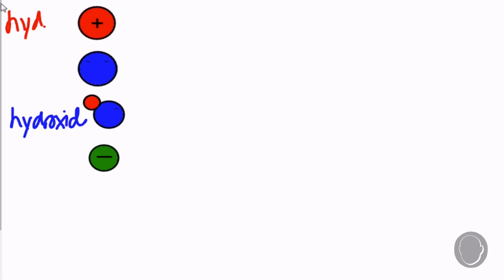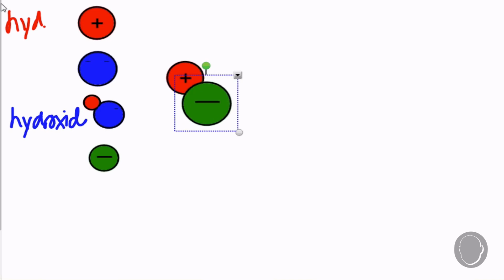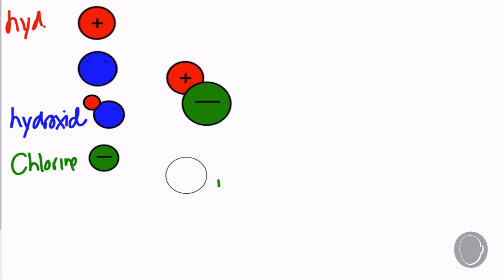So I'm going to say, all right, I have hydrochloric acid. This guy right here is chlorine. So I have hydrochloric acid, HCl, and I'll write it in red. There's our acid right there. I'm going to add to that sodium hydroxide.